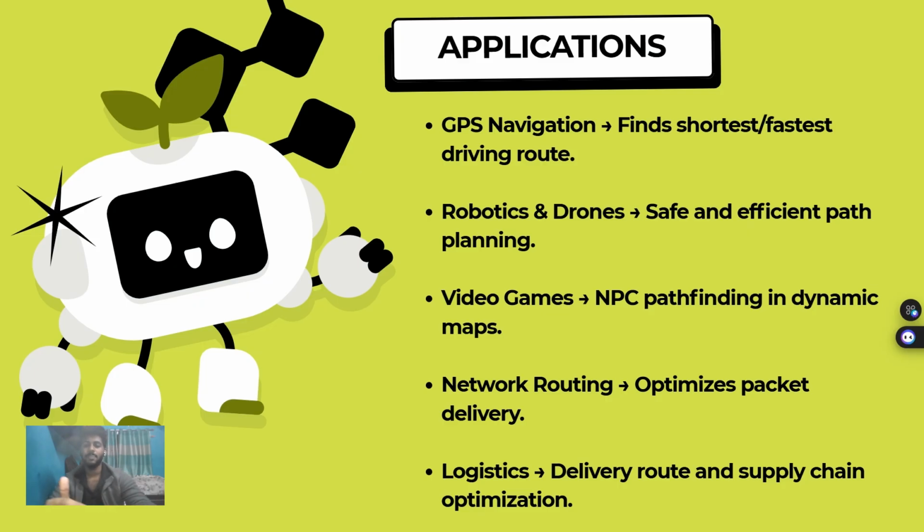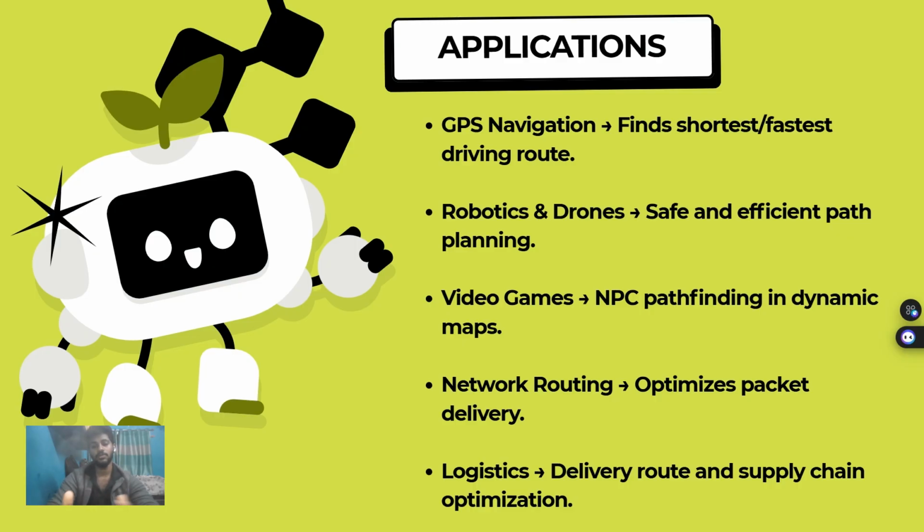In drones also, if it has to deliver from one place to another, the shortest path will help in reaching the destination more quickly and also saving the battery power or fuel.